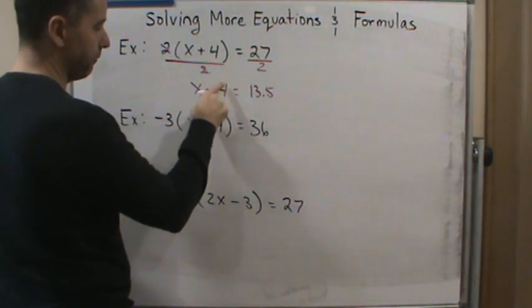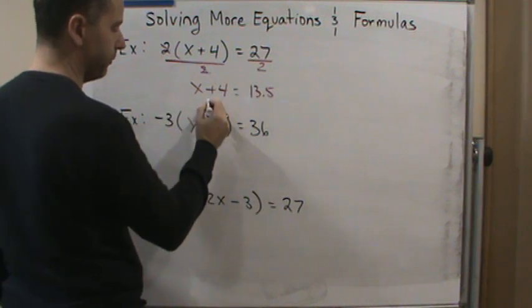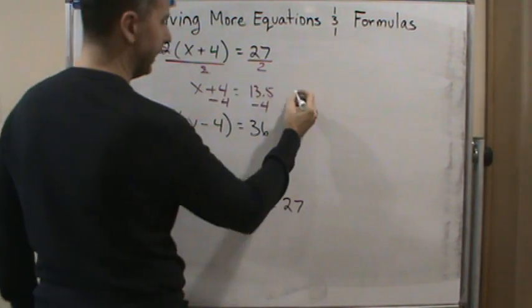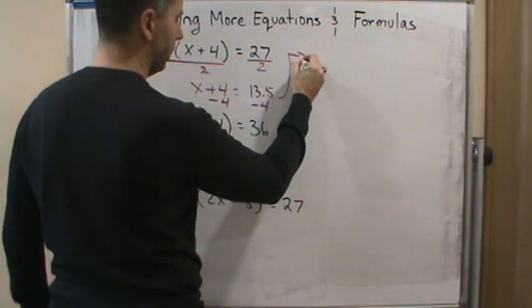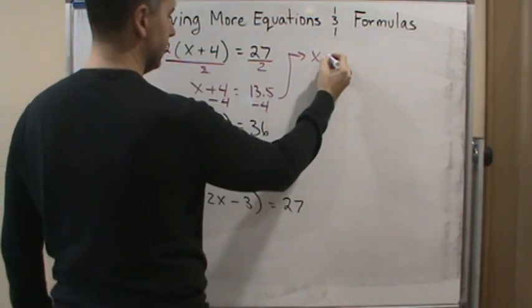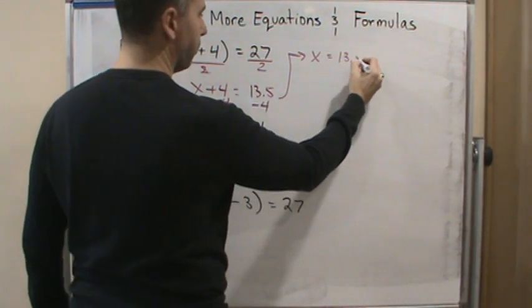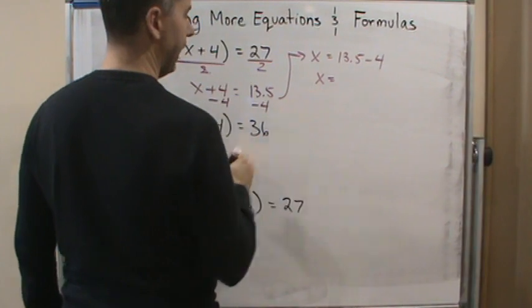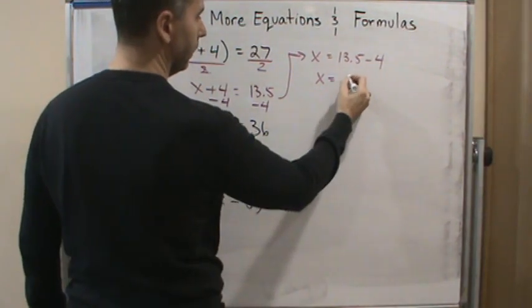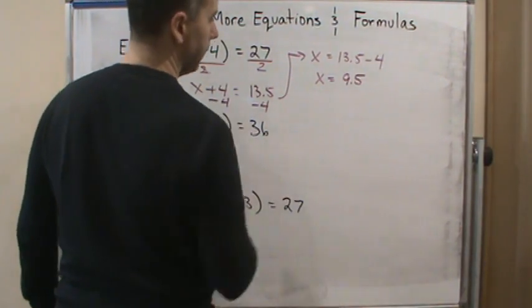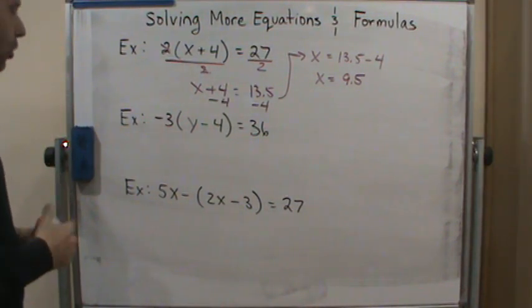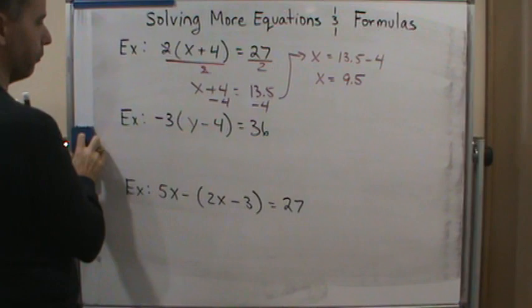Now we're adding 4, so that means we're going to have to subtract 4 from both sides. And so that gives us what? That gives us x is equal to 13.5 minus 4, which gives us x is equal to 9.5.